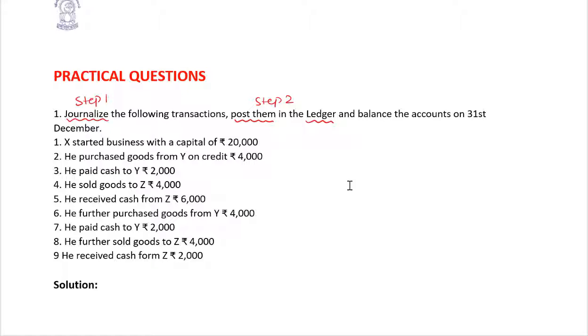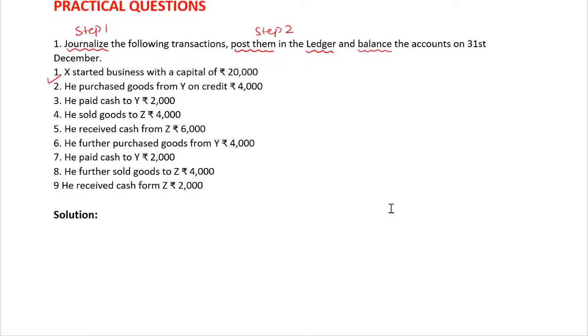After posting it to the ledger, we will balance the ledger on 31st December. Let's read the transactions, students. The first transaction is X started business with capital 20,000. We have to draw the format of the journal. Draw this format of the journal along with me.